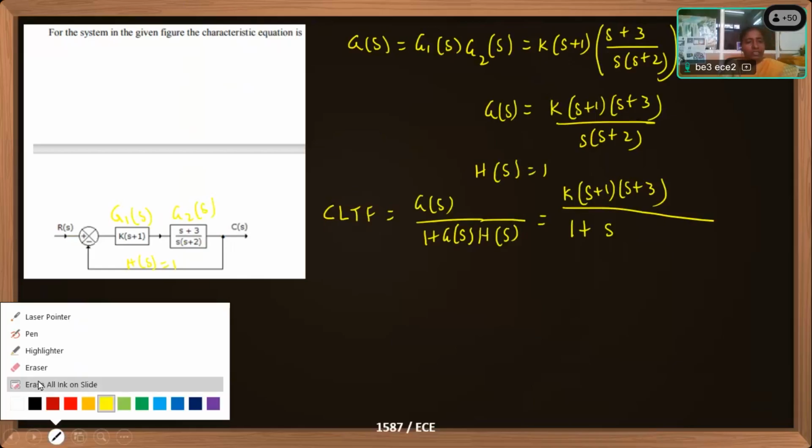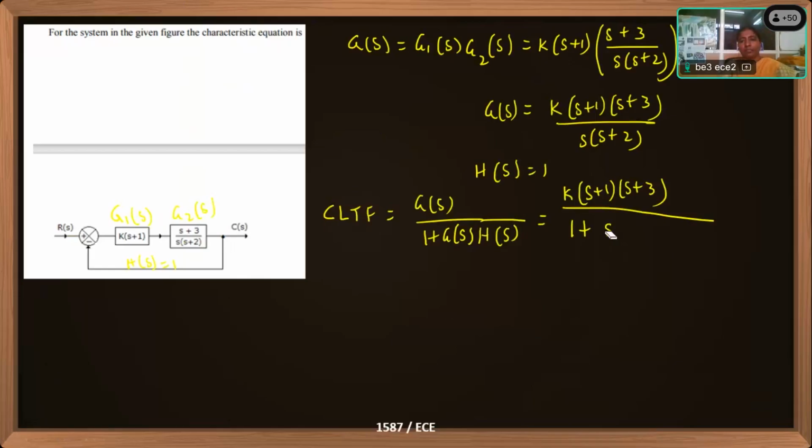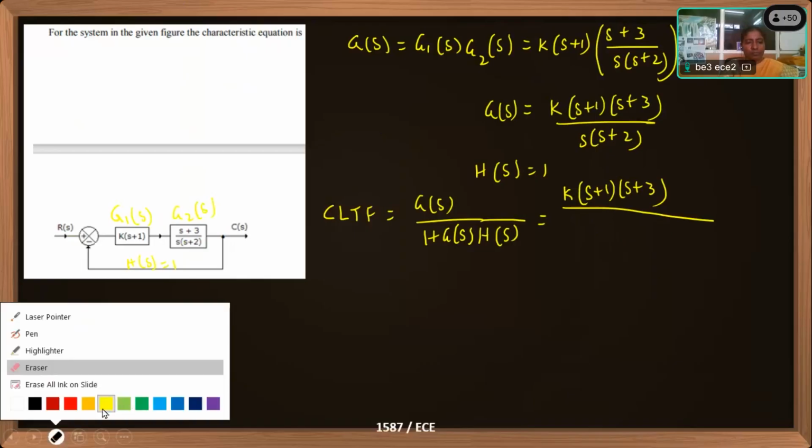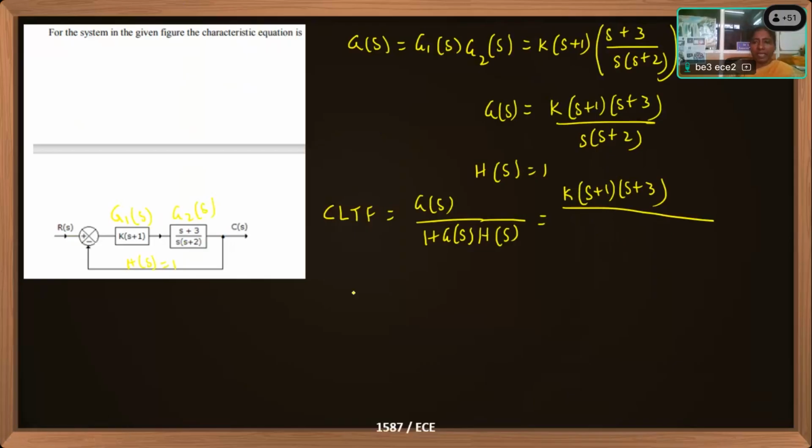When you take the denominator and make the LCM, we will get S into S plus 2 plus K into S plus 1 into S plus 3. I am substituting and simplifying.